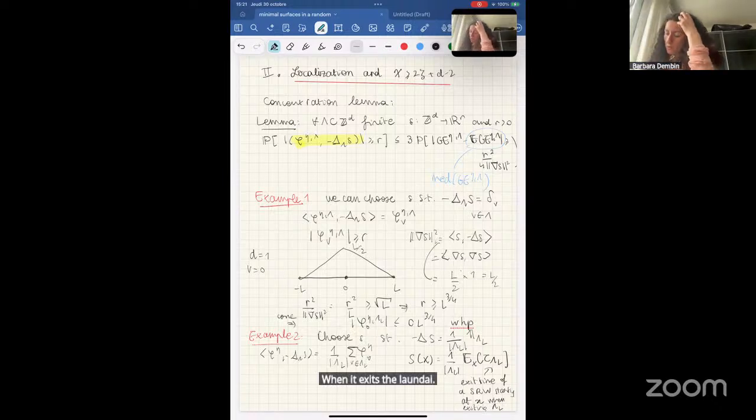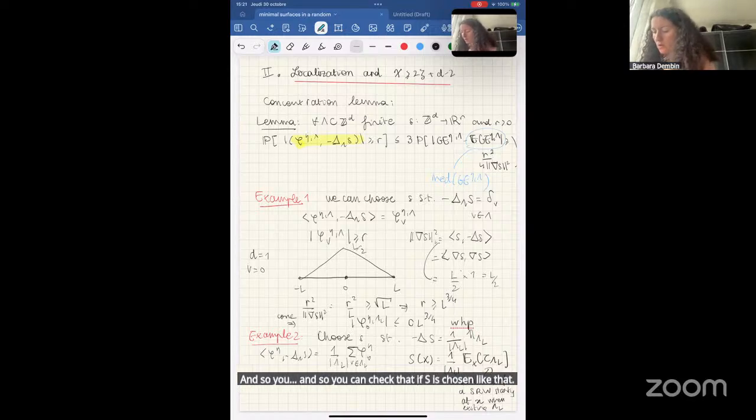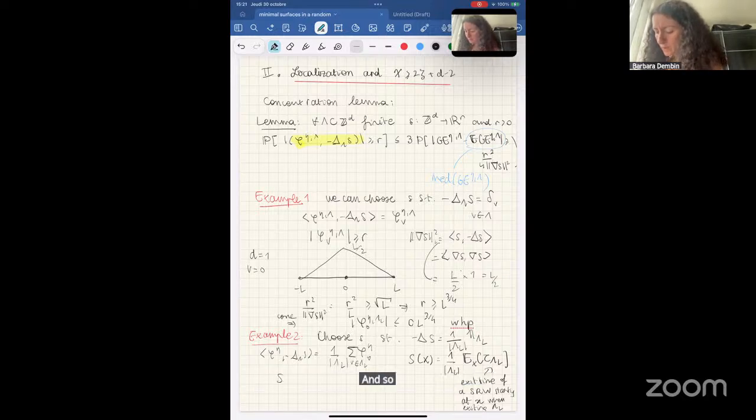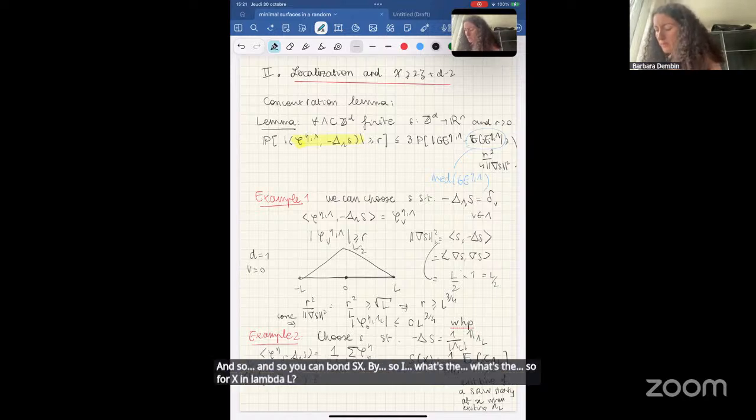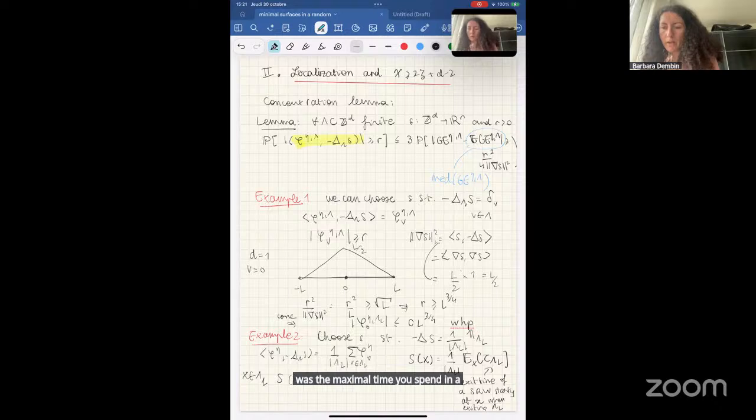And so you can check that if S is chosen like that, normally the Laplacian is indeed equal to that. And so you can bound Sx. For x in lambda L, what's the maximal time you spend in a box of size lambda L?